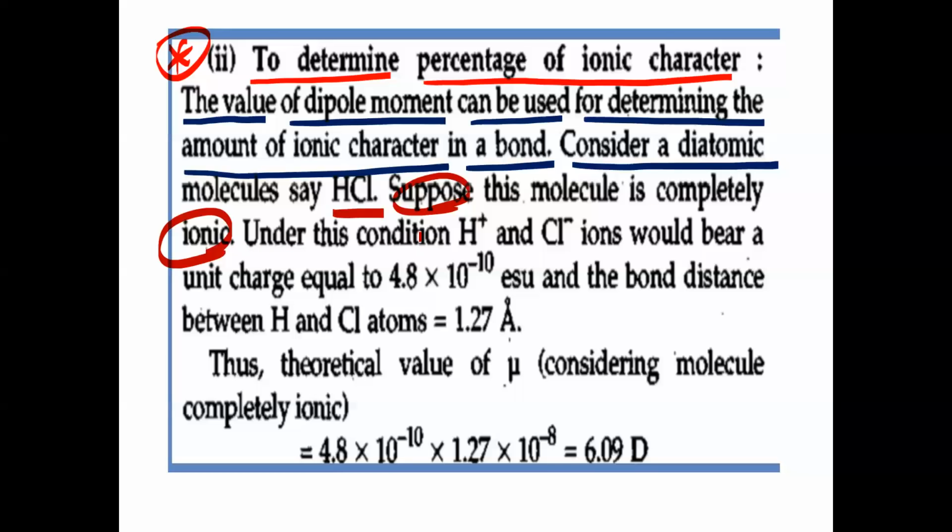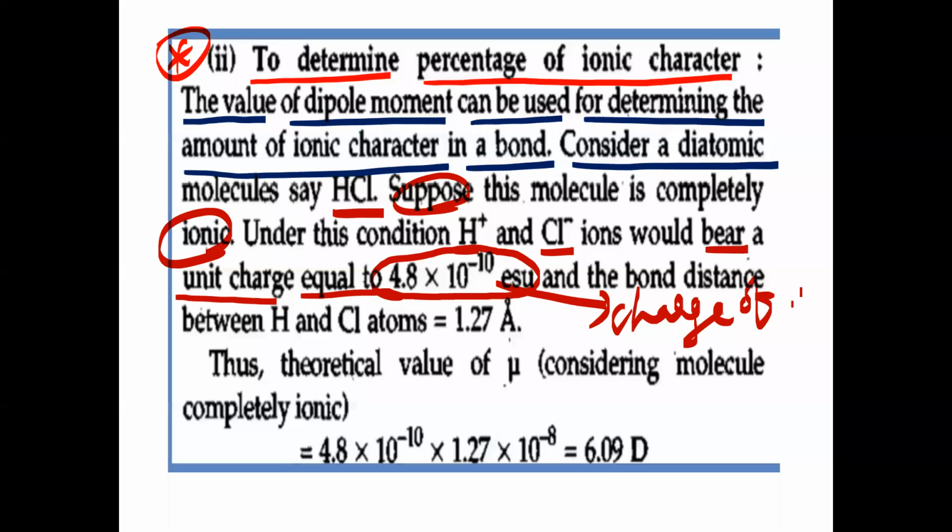Under this condition, when HCl is considered as completely ionic, H plus and Cl minus ions would have a unit charge equal to 4.8 into 10 power minus 10 ESU. What is this value? It is the charge of electron, the magnitude of charge: 4.8 into 10 to the power of minus 10 ESU.